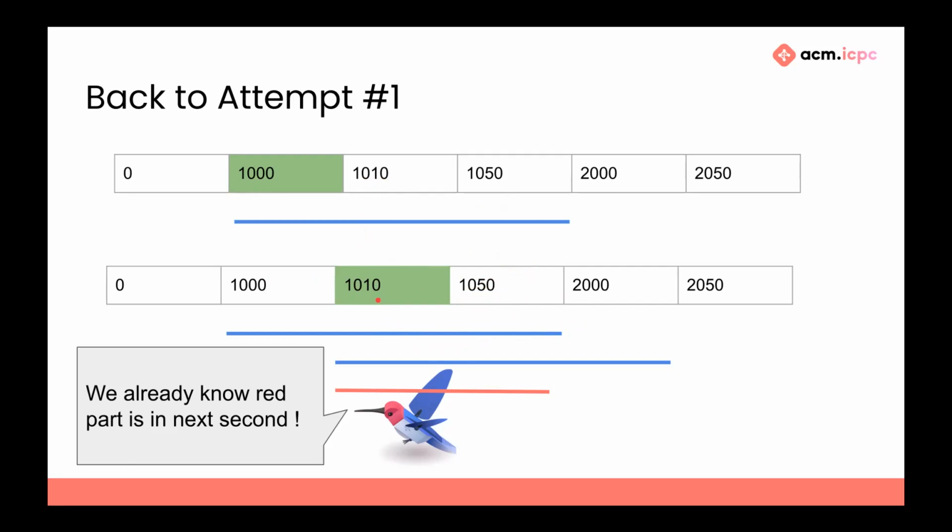And also, since it's included in the previous second, it must be within the next second, because this is equal to or greater. So basically what that means is that this red part is extra. We're doing that computation again. So if we just start counting from 2000 instead, we would avoid having to check that overlap.